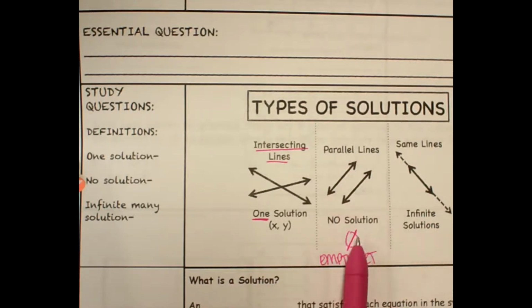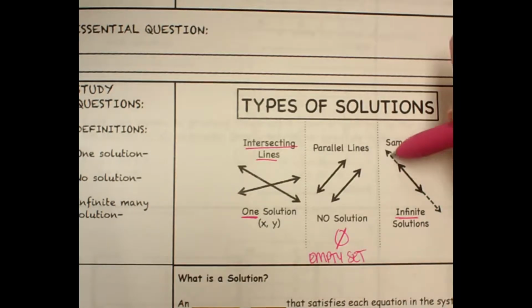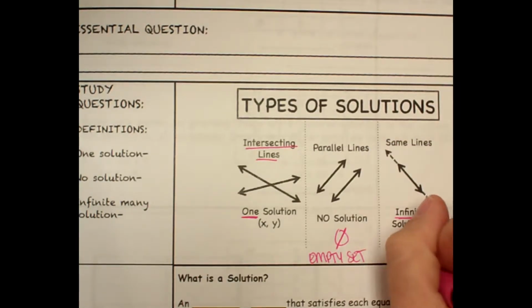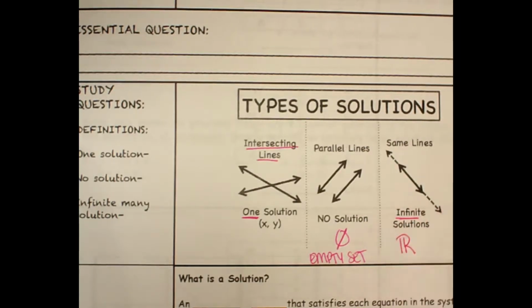When you have parallel lines, there's no solution, which can look like this, a zero with a line through it, or an empty set. When you have the same lines, you have an infinite amount of solutions. So it's the same line, it's one on top of the other, and it can kind of look like that, like all real numbers, an infinite solutions.